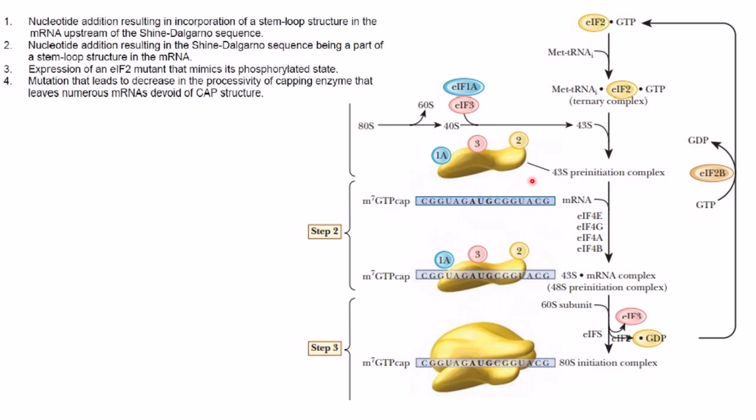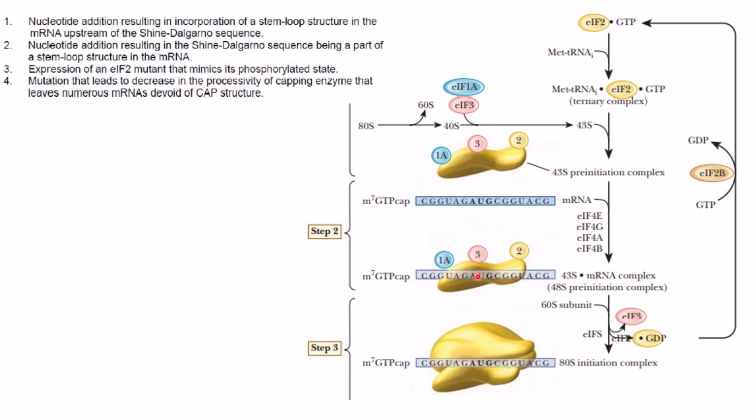This is it. Then this, along with the mRNA and other initiation factors, will form the 48S pre-initiation complex. This is it. And once this scans the mRNA for the AUG start codon, it will result in the binding of the larger subunit of the ribosome to the mRNA.